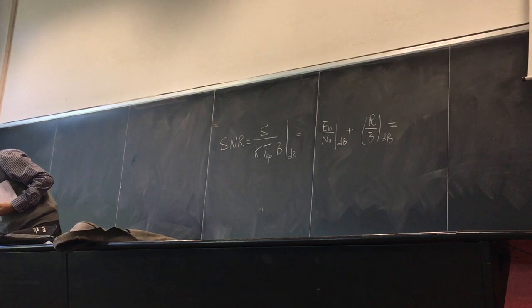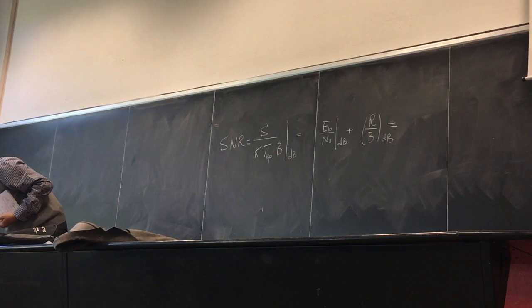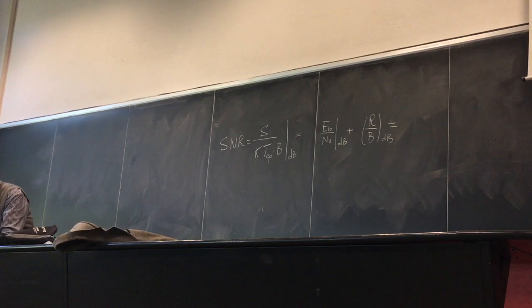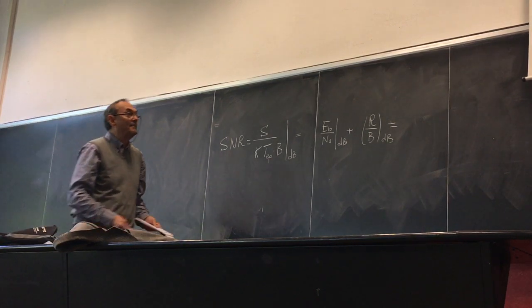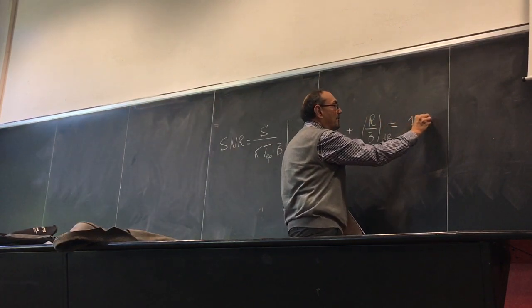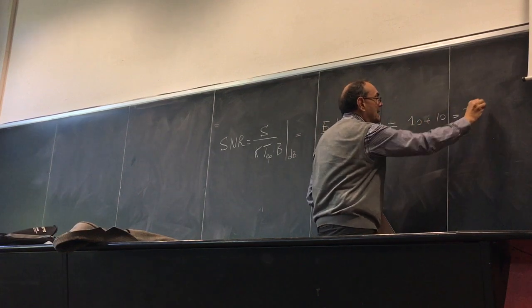The assigned parameters are here shown. We have Eb over N0 equal 10 dB, and the ratio R divided by B is equal 10, because 1 gigabit divided by 0.1 gigahertz is 10, and then again 10 dB. So what we have here is 10 plus 10 equal 20 dB.